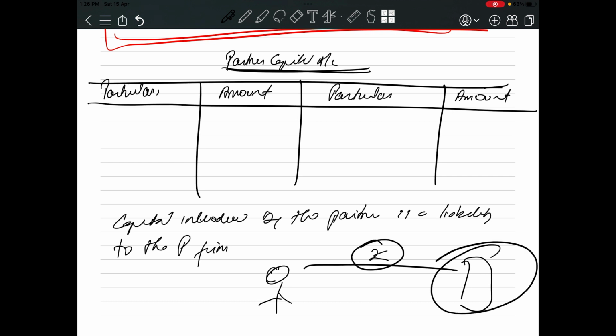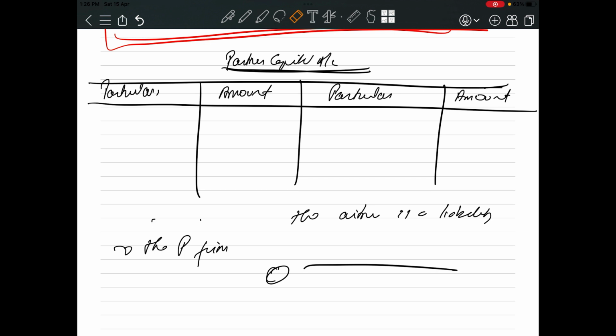When this partnership firm is wound up, the business will be over, cessation of business, this capital introduced will have to be paid back to the partner. So the capital which a partner introduced is a liability to the partnership firm.